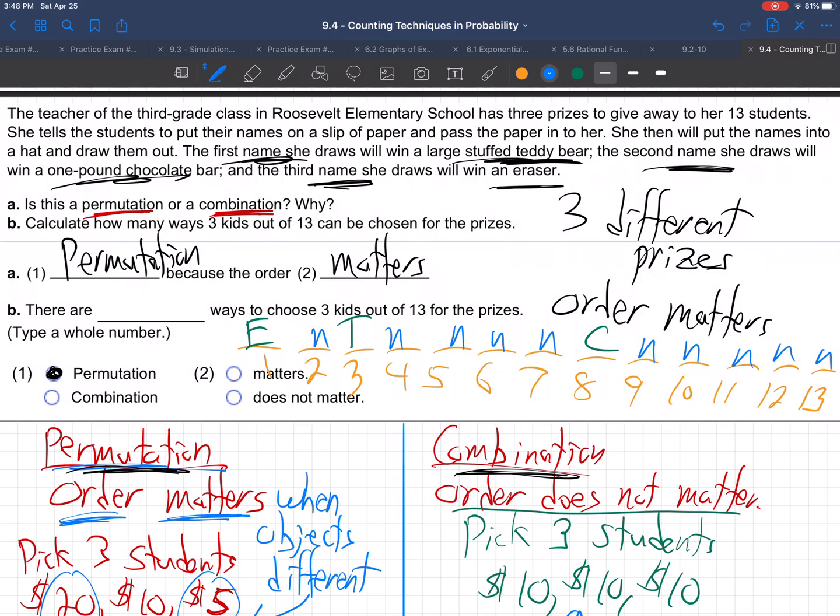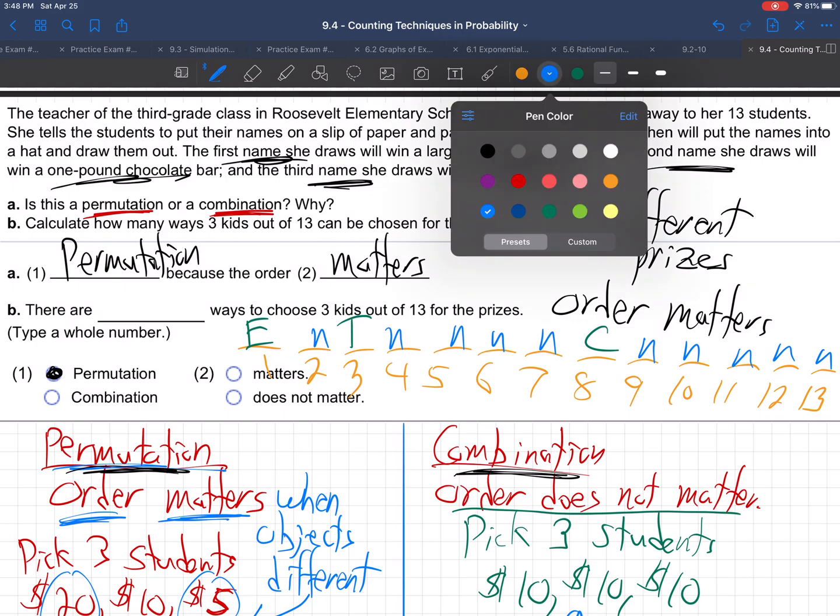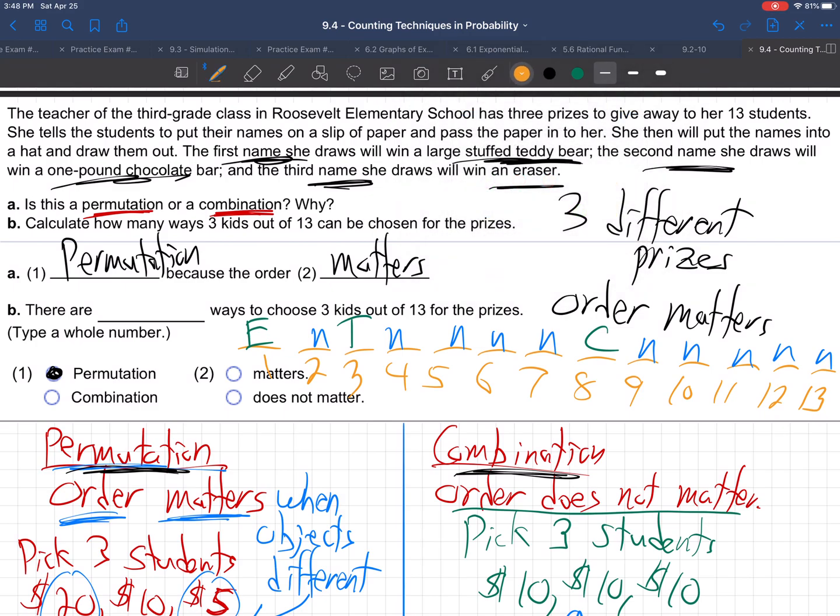What are all the ways you can order 13 letters? There's 13 students in the class, and we have 1 teddy bear, 1 chocolate bar, 1 eraser, and 10 nothings.